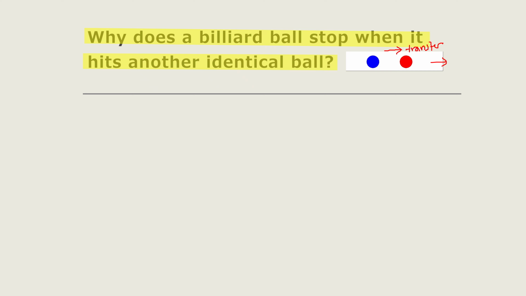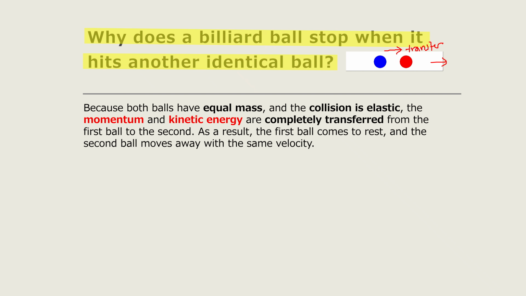So this is due to elastic collision. Because the masses are equal and the collision is elastic, it transfers momentum and energy to the second ball, and as a result the first ball comes to rest and the second ball moves away with the same velocity.